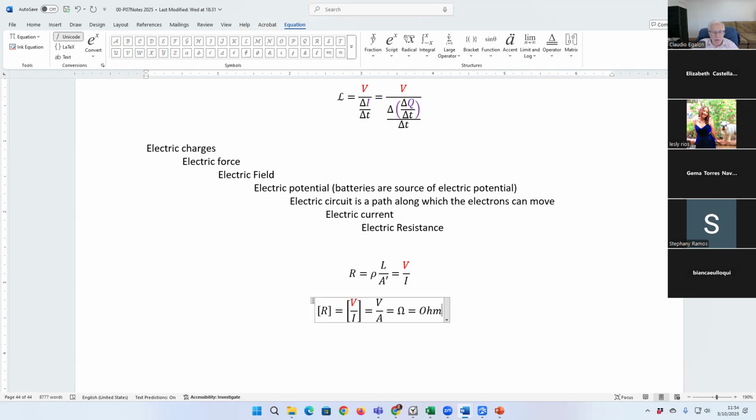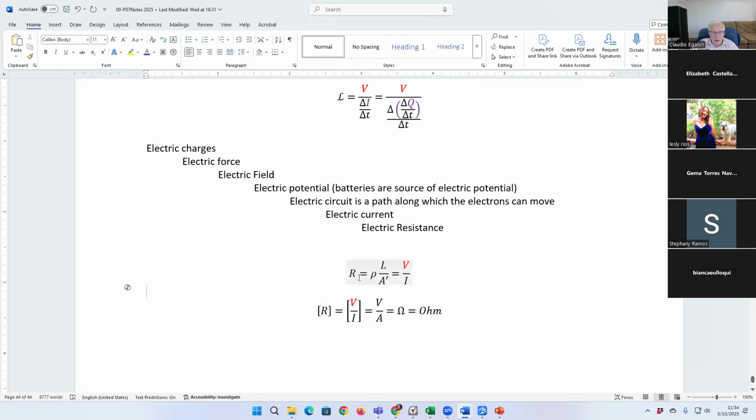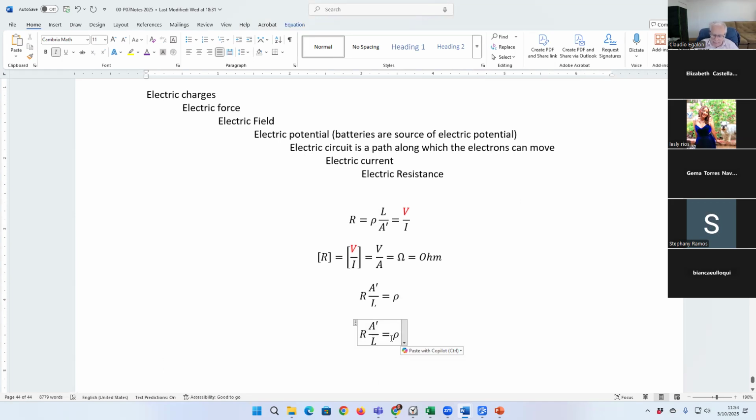And now from this relationship, you can find out what's going to be the unit of rho, right? Here you go. All you have to do is dimensional analysis, 11:54. Let's go for another minute before our break, right? So here you go. A prime divided by L, that's the relation for rho. And now that we have the relation for rho, we can come up with a dimensional analysis to find out the unit of rho.